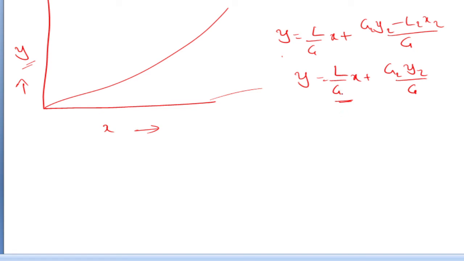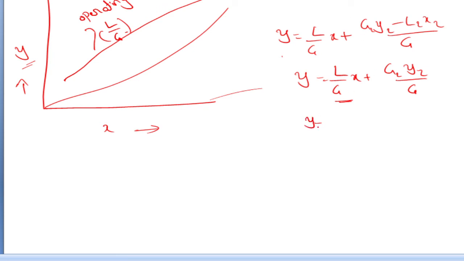Already I told you the L and G values keep on changing from point to point. That's why you don't get a straight line, but you get some curvature like this. So this is the operating curve or line with the slope. What is the slope here? L by G. So this is the operating line equation with the slope L by G.